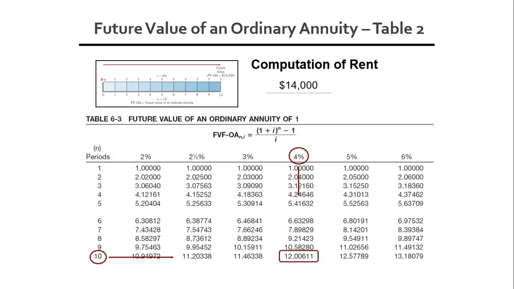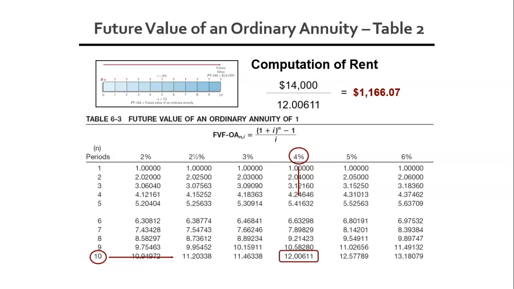Now I'm going to need to divide each side of that equation by the 12.00611. Okay, and so that will give me the 14,000 FV divided by 12.0061 equals the R. Okay, so once I do that, that's going to be 1166.07. So that becomes my R.